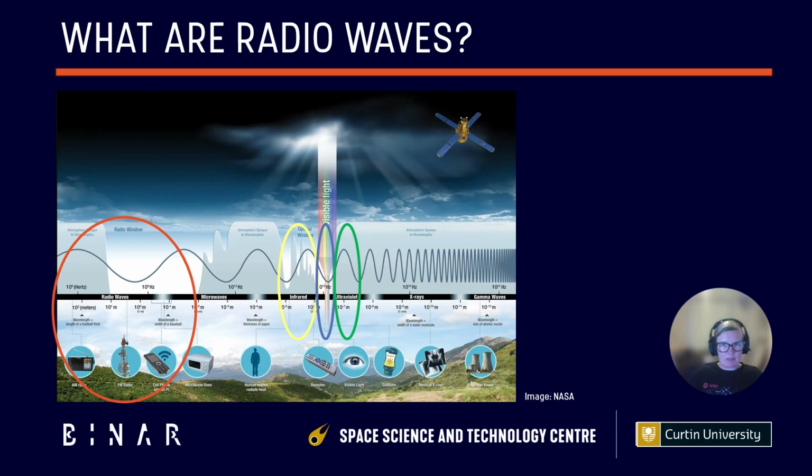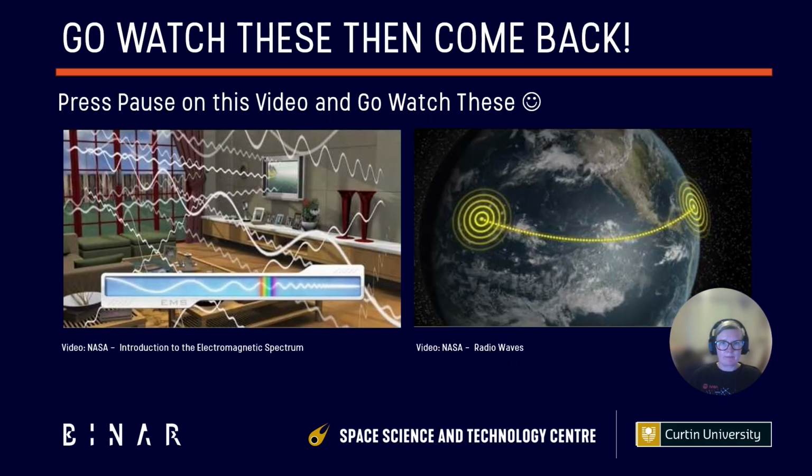So I'll get you to press pause on this video and go over to this week's weekly lesson plan that your teacher should have sent you, and it's got some links to the NASA Introduction to the Electromagnetic Spectrum and another video on radio waves. So pause, watch those, and then come back. So these are the videos here. They're not going to play on here, so just pause me, and when you're done, come back.